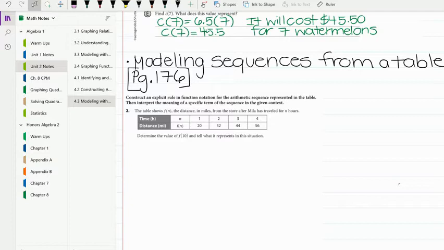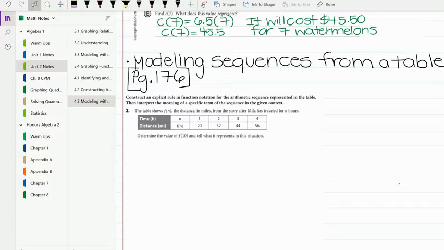So after 1 hour, she was 20 miles away. After 2, 32 miles, and so forth. So it says to construct an explicit rule and function notation for the arithmetic sequence represented in the table, then interpret the meaning of the specific term of the sequence in the given context.